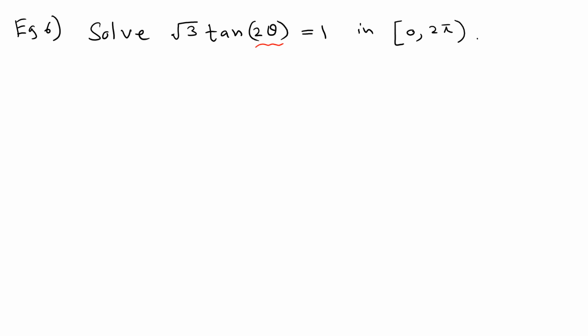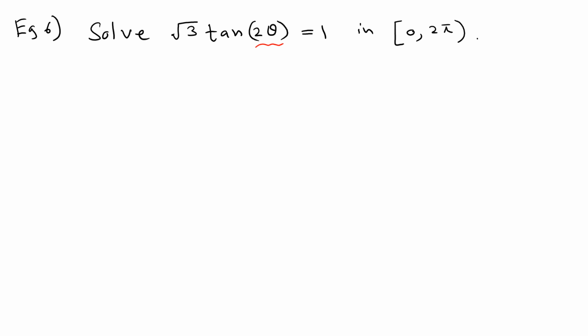Theta is in 0 to 2 pi, so when you multiply by 2, 2 theta is in 0 to 4 pi. So we first solve the equation for 2 theta in the range 0 to 4 pi, and then we divide by 2 to find all the solutions in the range 0 to 2 pi. So this problem is completely different from the ones we did earlier.